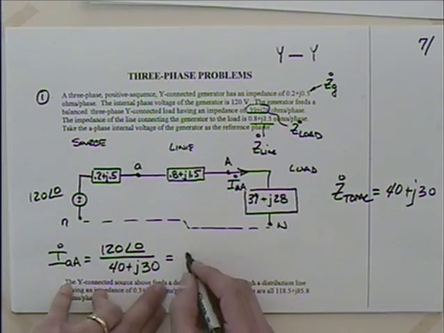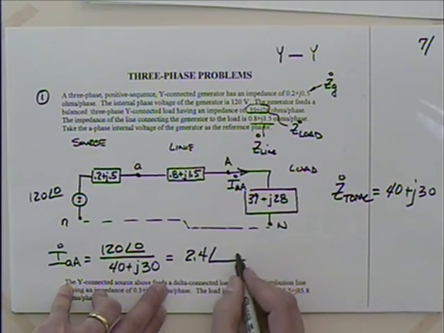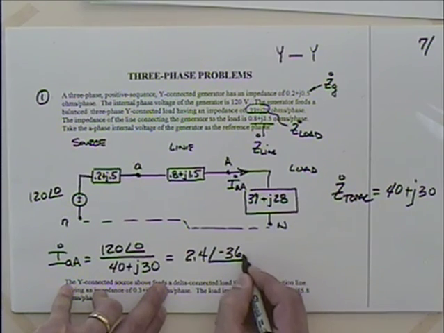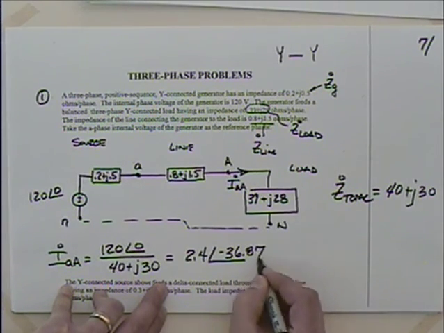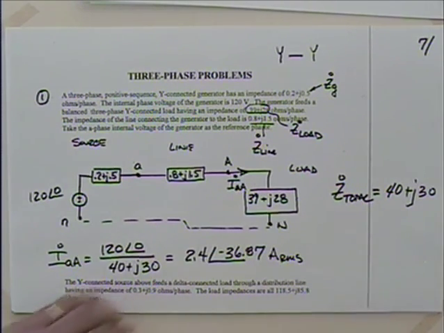I think we're going to have 2.4 at an angle of minus 36.87, and that's amps RMS. Anyone else get that?